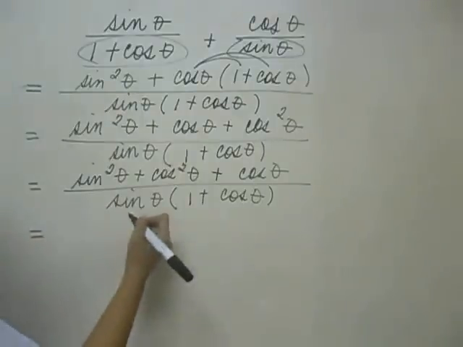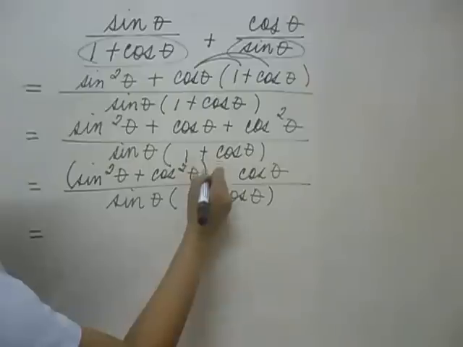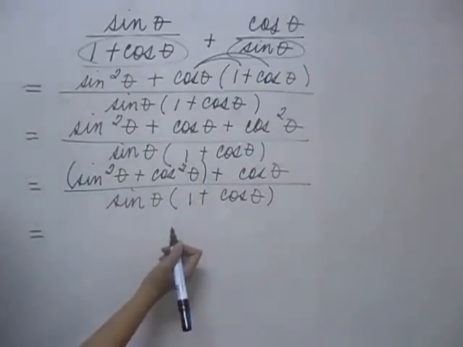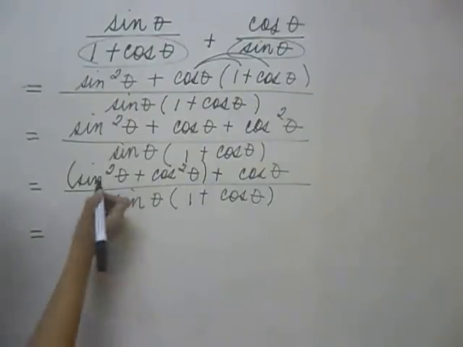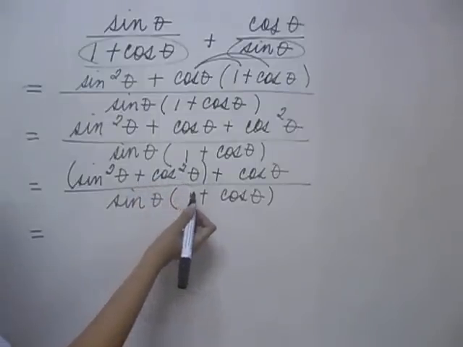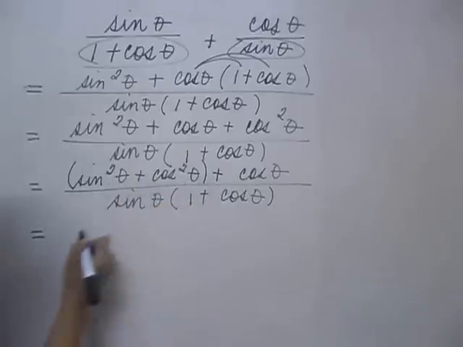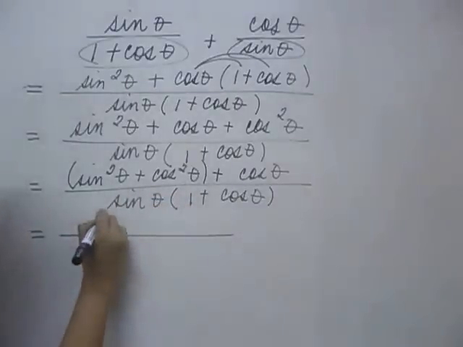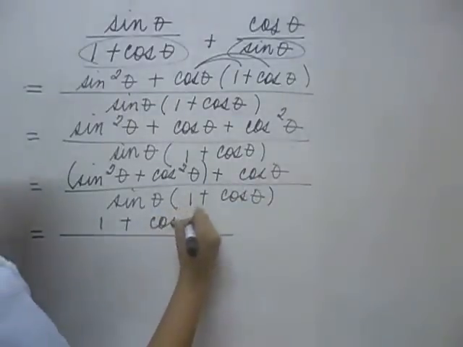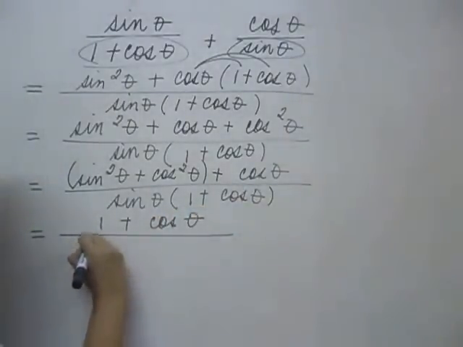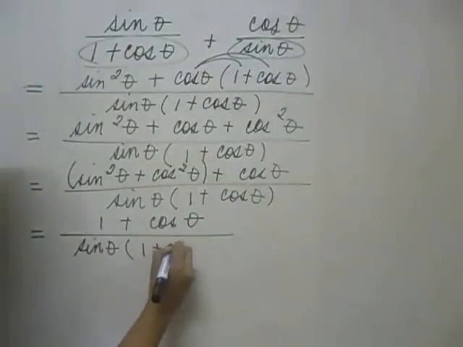We can group sin squared theta and cosine squared theta, and we can replace this by 1. So 1 plus cosine theta, and the denominator, which is sin theta times 1 plus cosine theta.